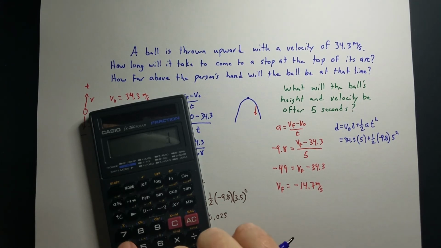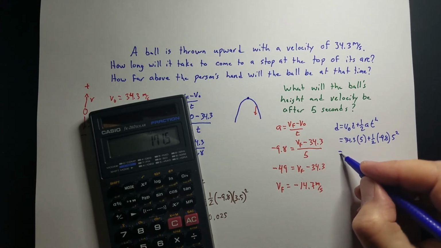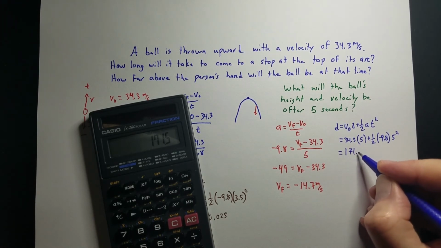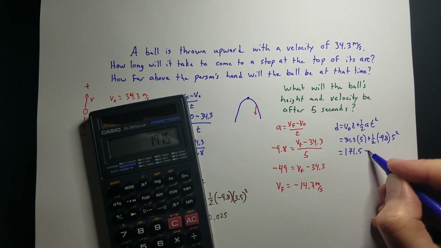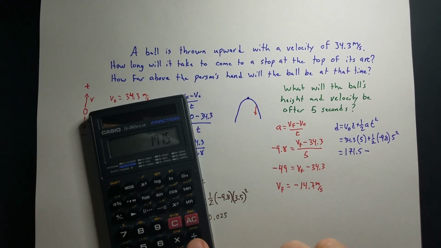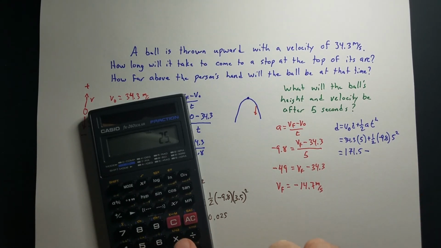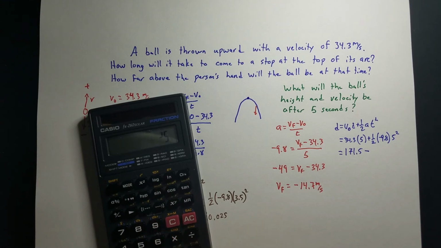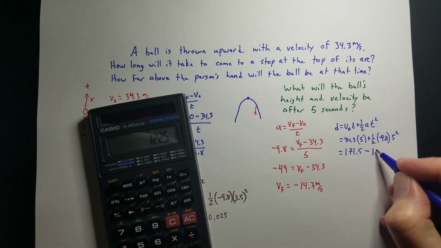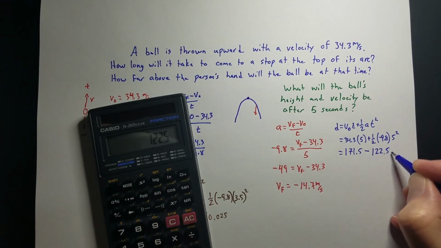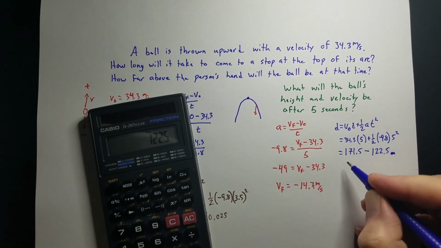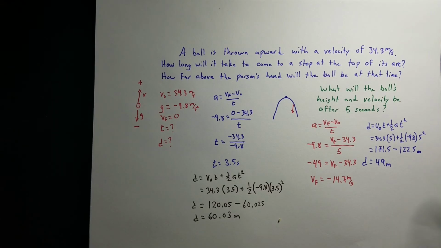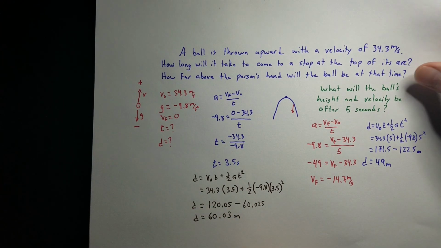Okay, 34.3 times 5, 171.5 minus, because again that's going to make it negative, 25 times 4.9, 122.5. Well, we don't need a unit just yet. Distance of 49 meters.